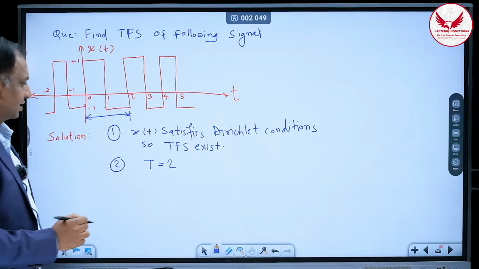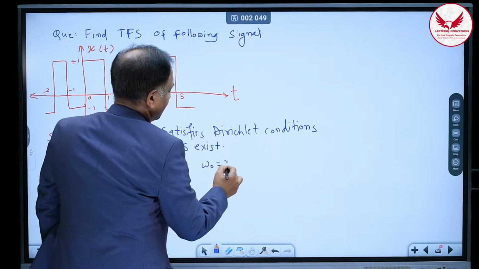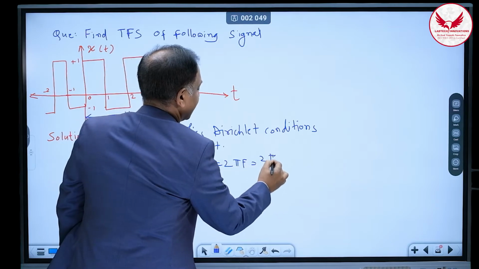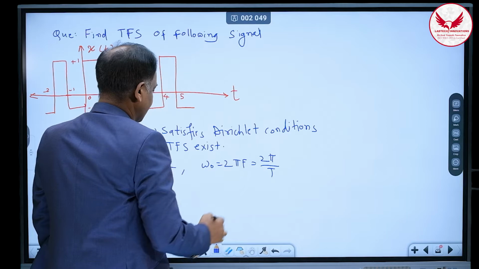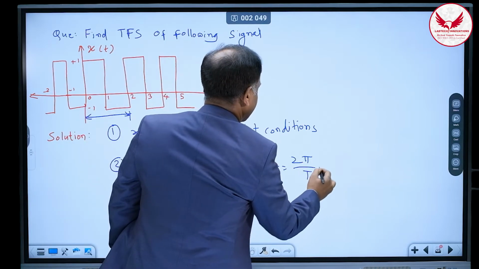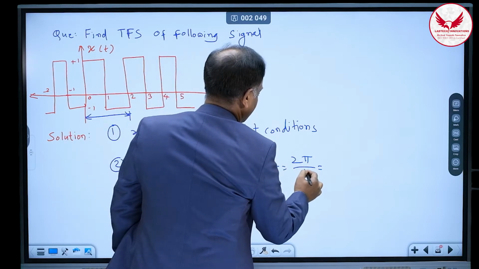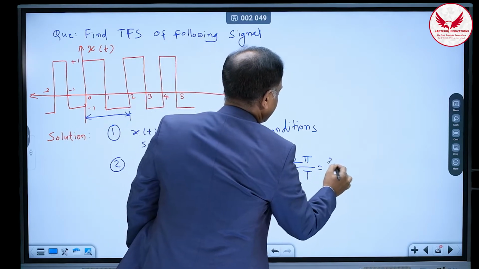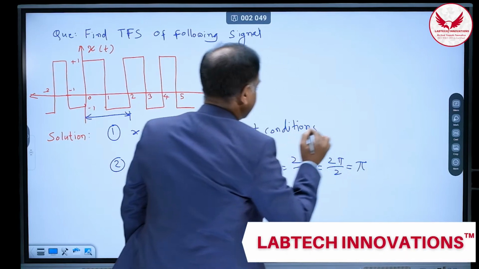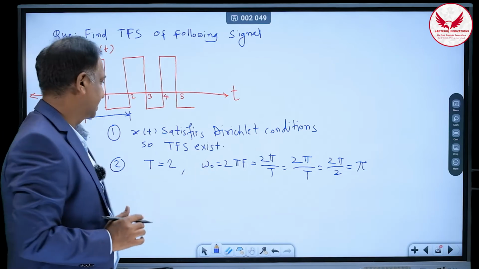From this you can calculate omega 0, which is equal to 2 pi f, so 2 pi divided by T, which is 2 pi divided by 2, equal to pi. So the second step is to calculate omega 0, because that we require.